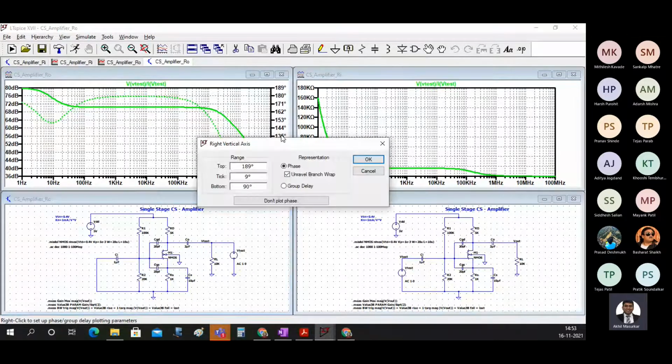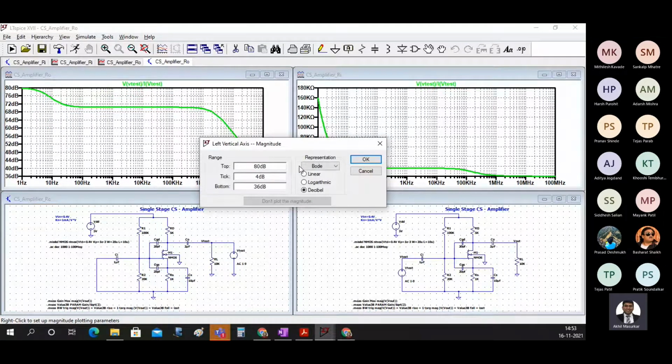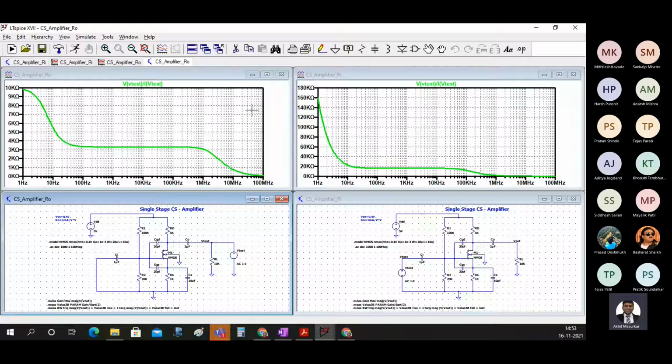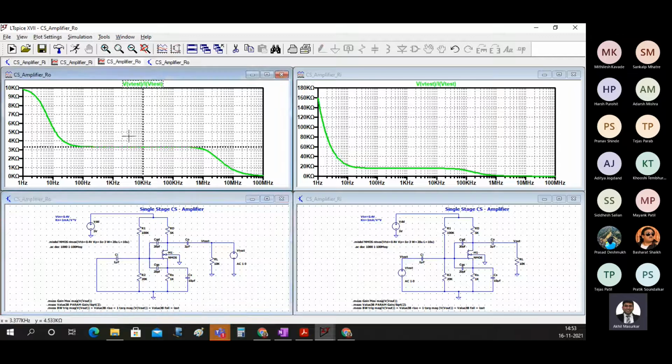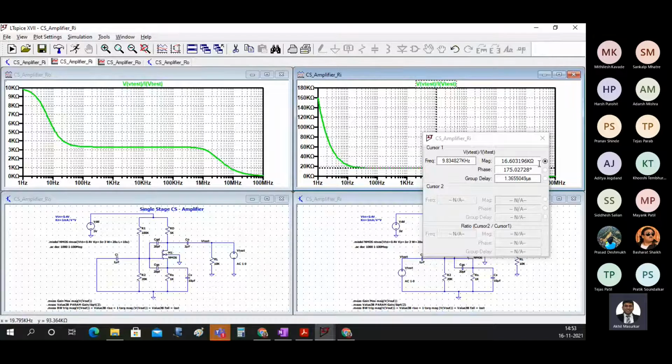I'll say don't plot phase and convert this to linear scale so that I get the value directly in ohms. The value is like 3.3 kilo ohms at the mid frequency, and here the value is 16.6 kilo ohms.